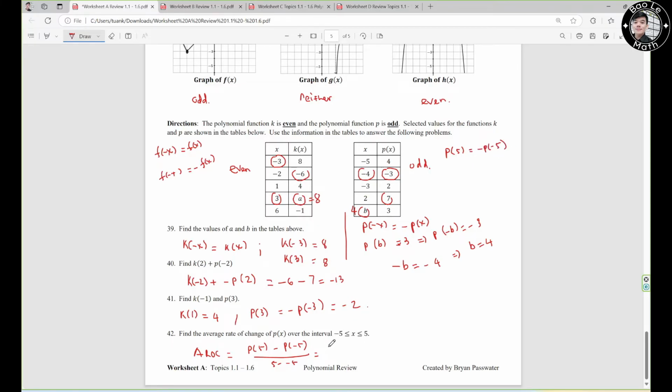So we plug it in: negative p of negative 5 minus p of negative 5, over 10. p of negative 5 is 4, so it's negative 4 minus 4 over 10. So it's going to be negative 4 over 5, right?